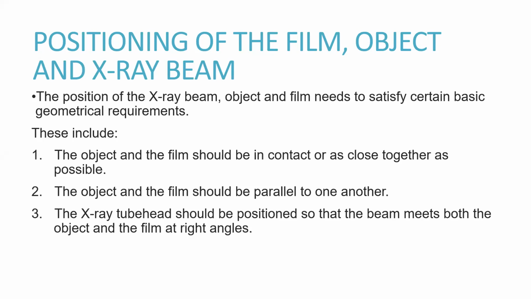All right, because we have the bisecting technique, where the film and the tooth in question are not parallel to each other. We have the X-ray tube head. It should be positioned so that the beam meets both the object and the film at right angles.